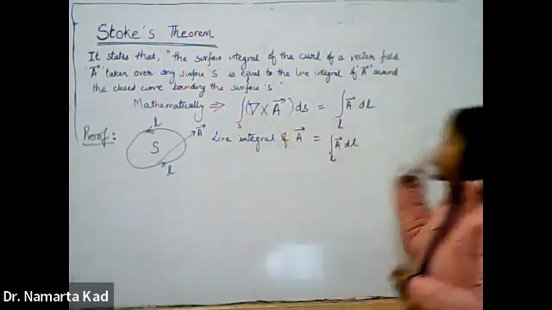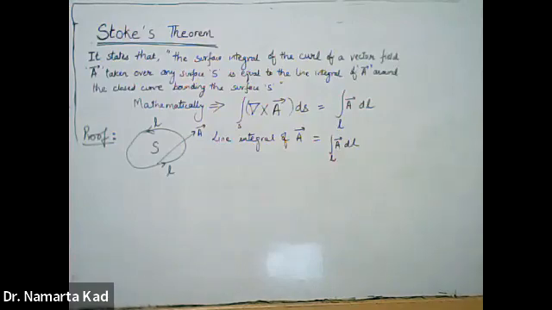So our first step is the line integral of A vector dot dl. Now divide the surface S into two parts, S1 and S2.